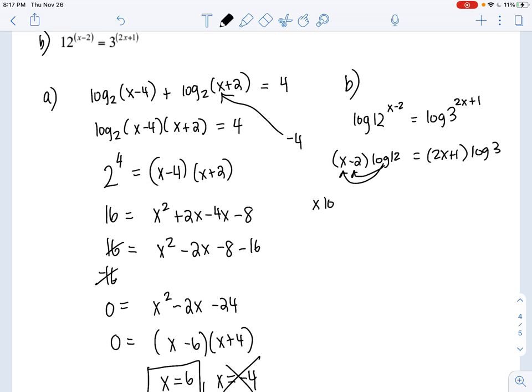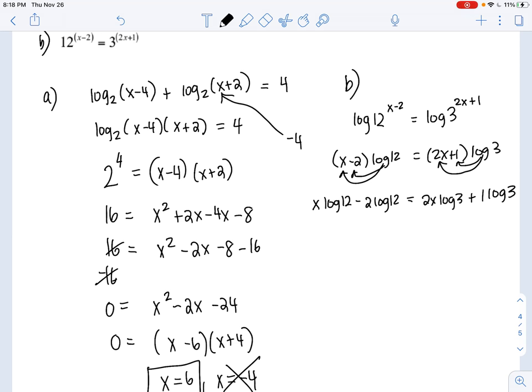So x becomes your coefficient, log 12 minus 2 log 12. And then the same thing here, 2x log 3 plus 1 log 3.